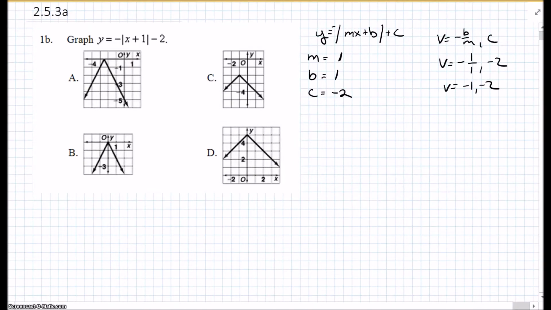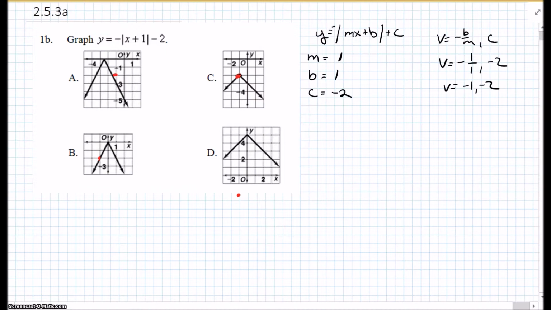Let's use a different colored pen. Left 1, down 2. You can see right now the answer is going to be C, just because there's no other choice. But let's go ahead and solve.